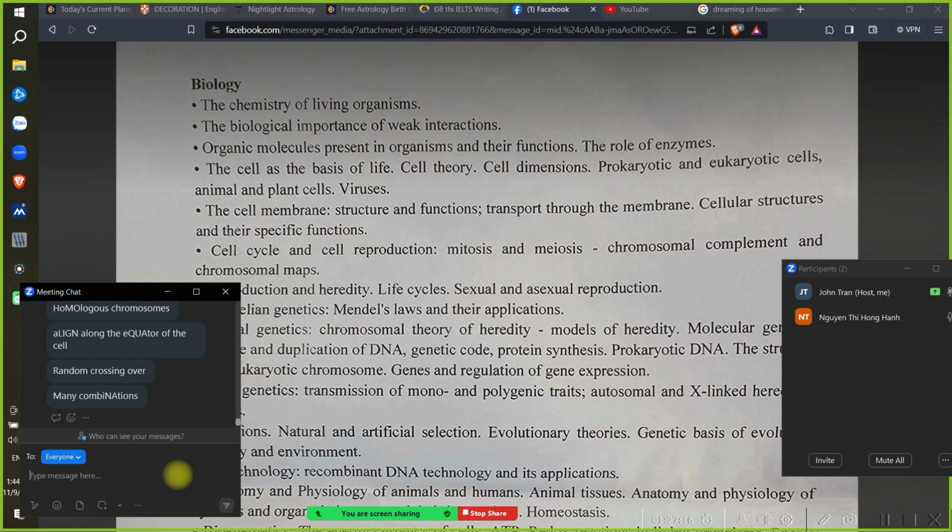Và cái điều này chính nhờ random crossing over này nó làm tăng cái gì? Nó làm tăng sự đa dạng. It increased the variation in the species.